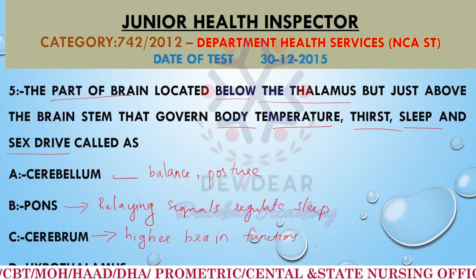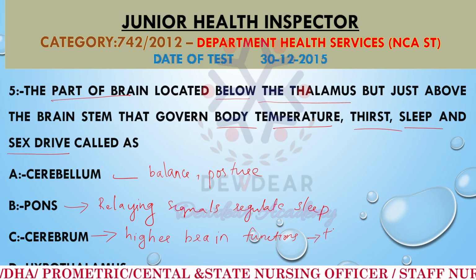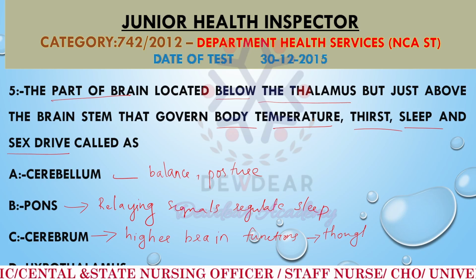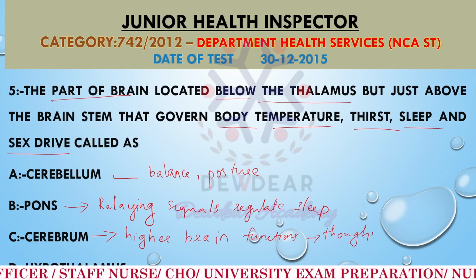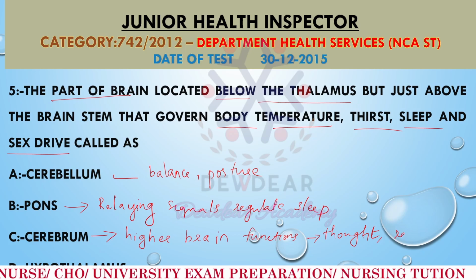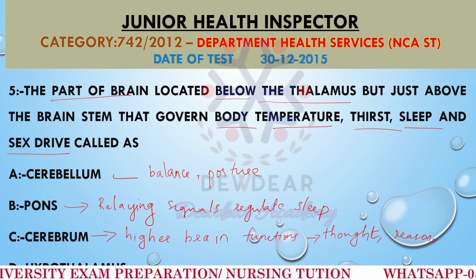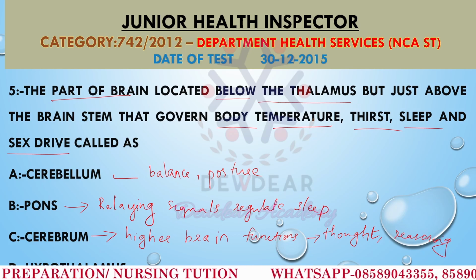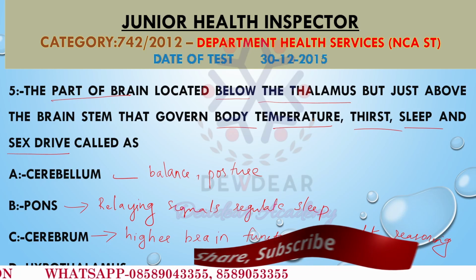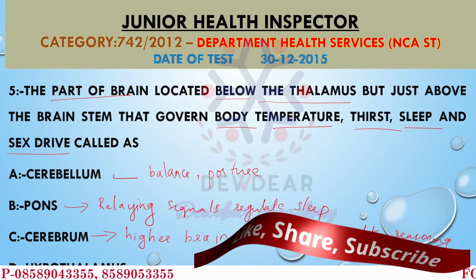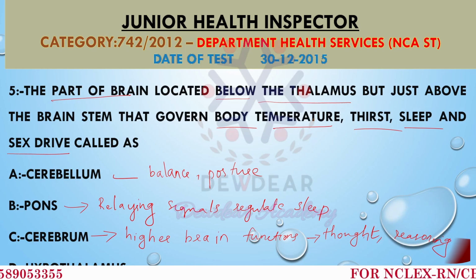Like thought, reasoning, and also voluntary muscle control. These are the main functions, but it is not specifically regulating the homeostatic functions like body temperature or thirst. That is not maintained by cerebrum.